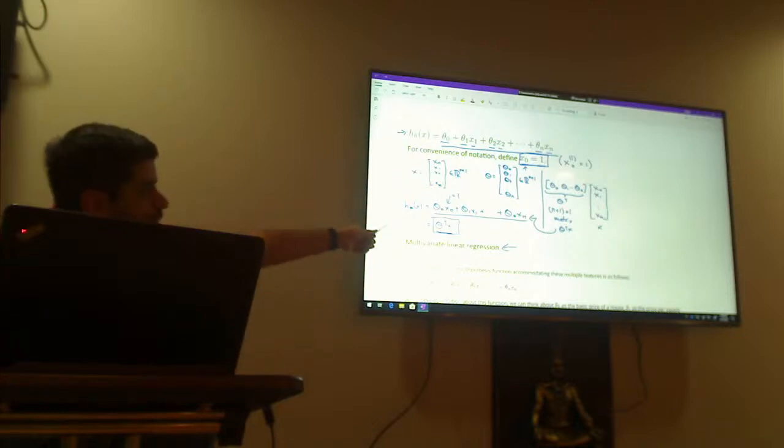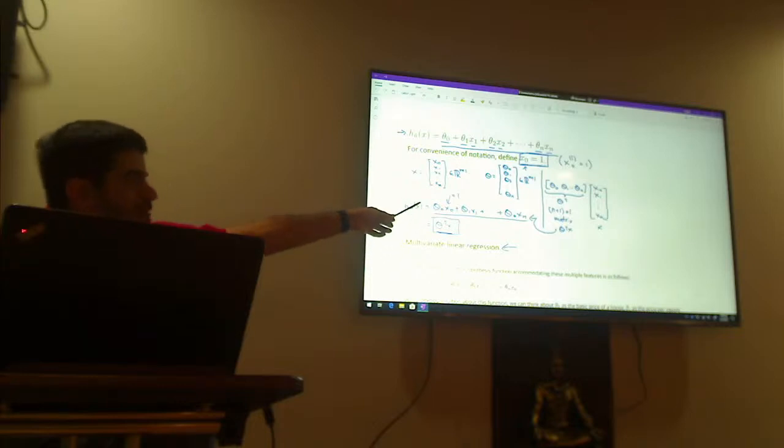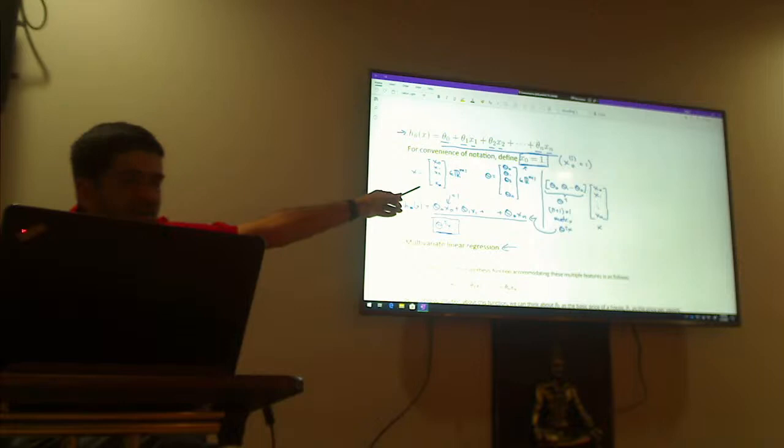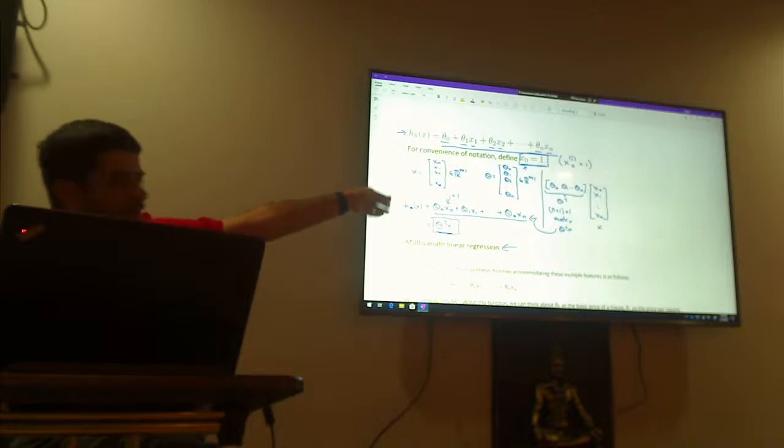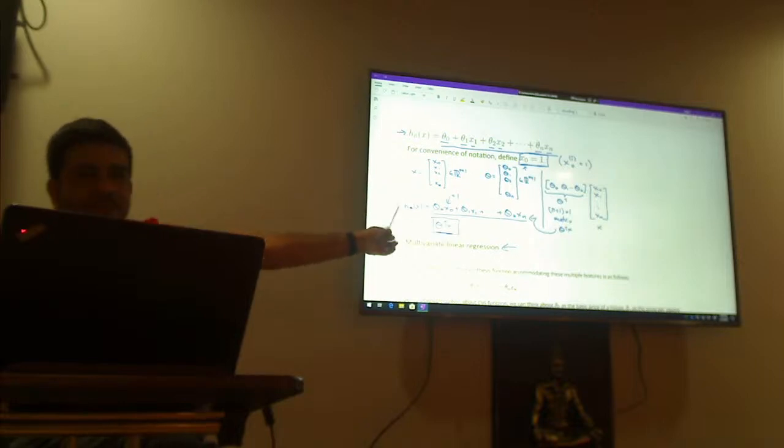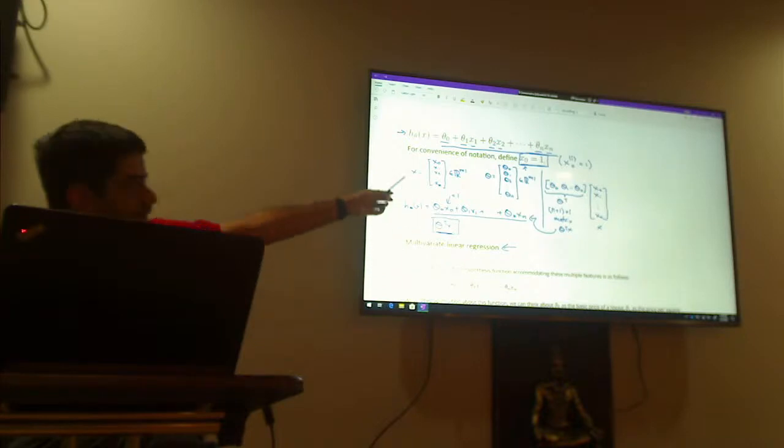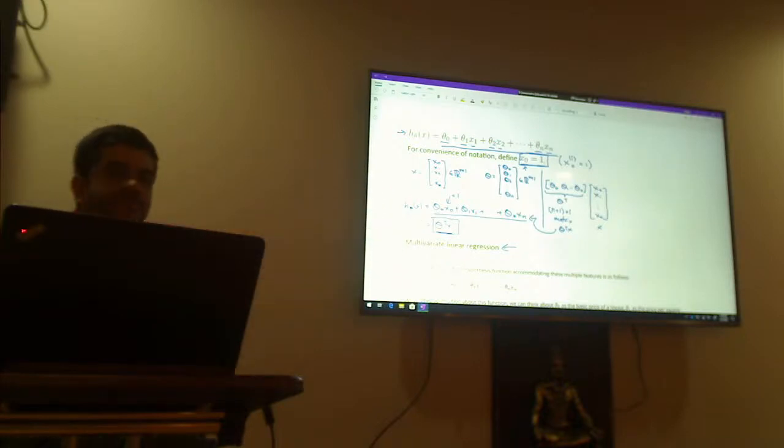So here, what you are trying to do is transpose. What is the dimension of theta here?